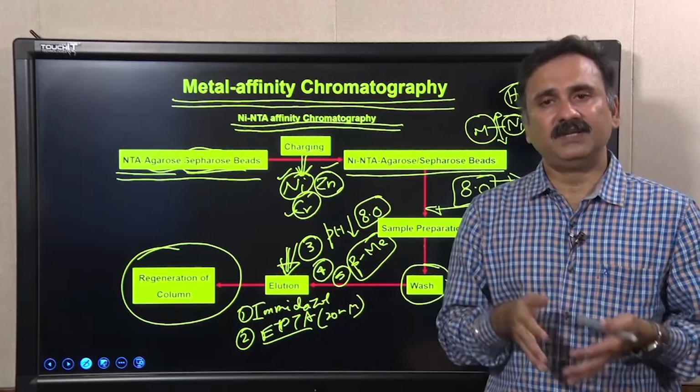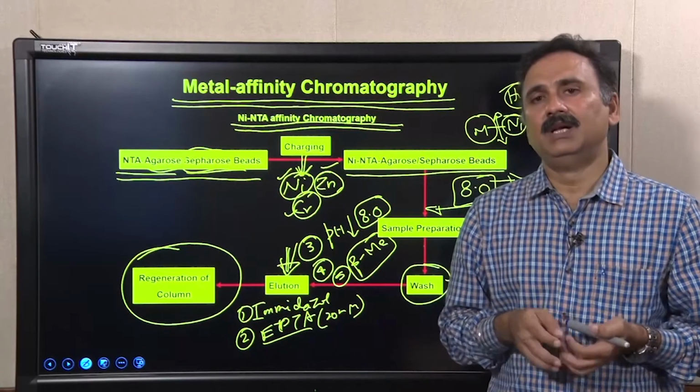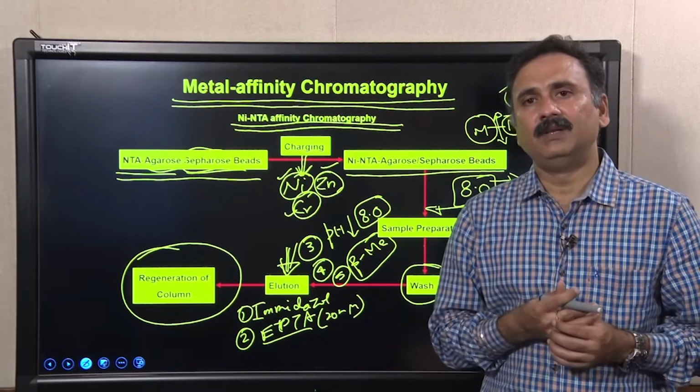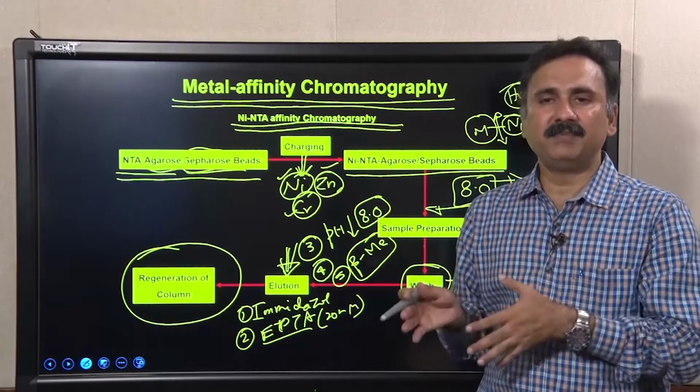And so, in this demo the students have explained the running of the nickel NTA column with the different steps.